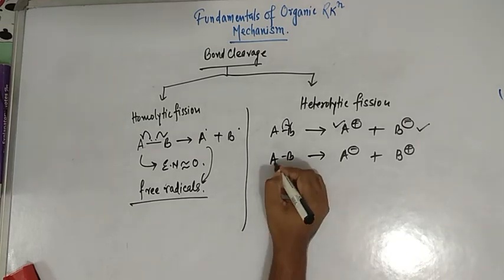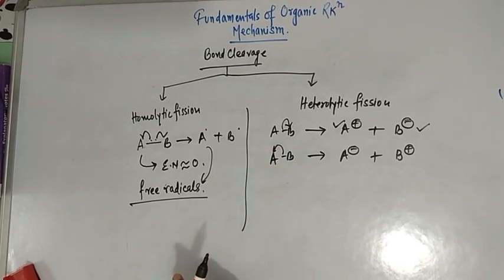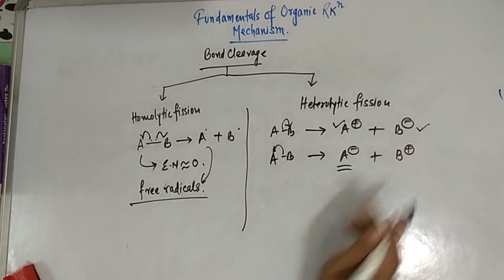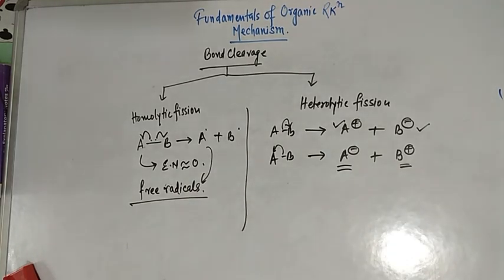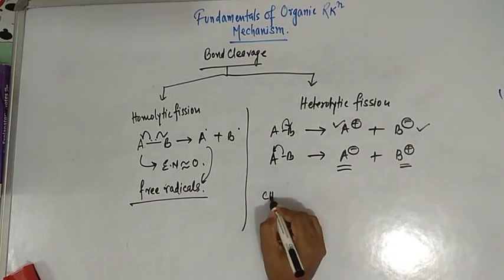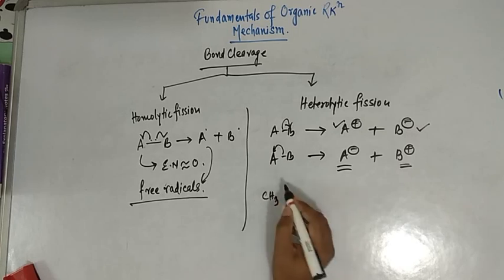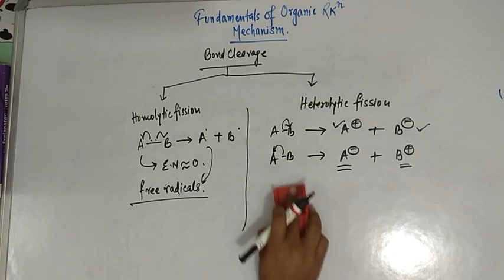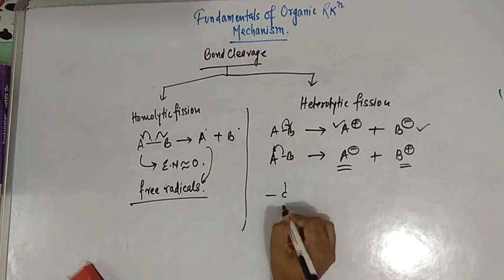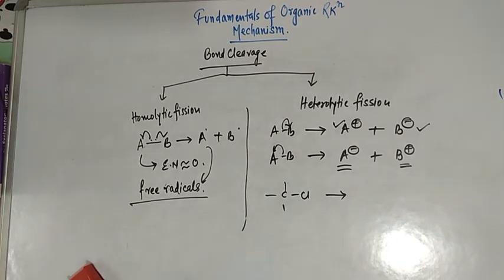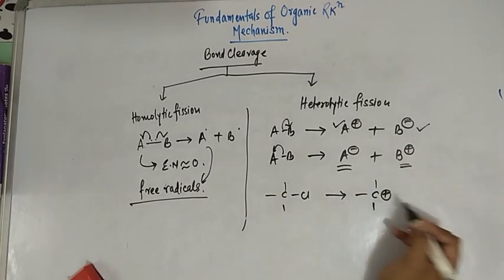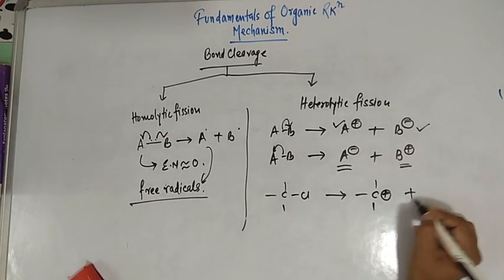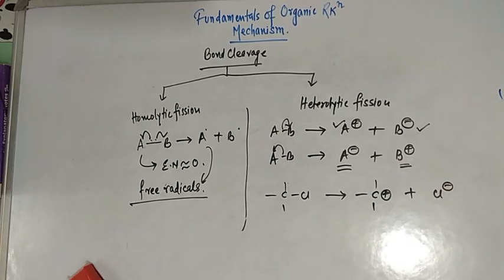However, if the opposite happens, that is, if A is more electronegative than B, then anion A is formed along with the formation of cation B. For example, in this carbon-chlorine bond cleavage, we will find the formation of a carbocation along with a chloride ion.